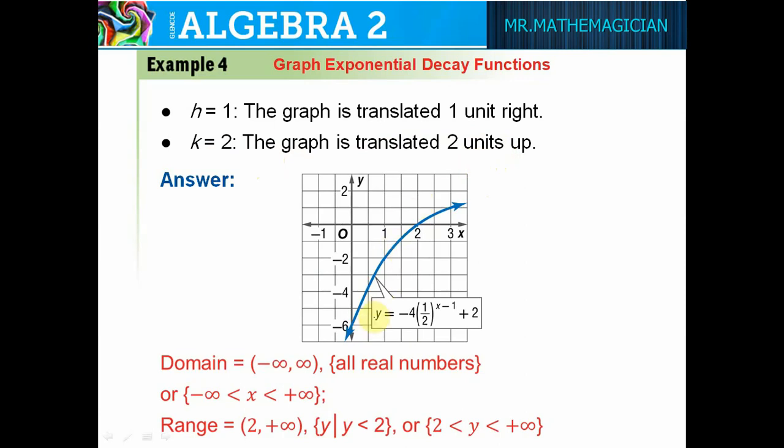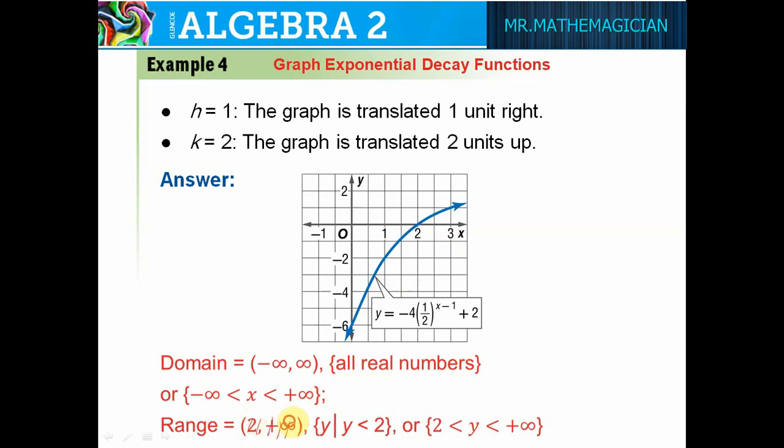Now you can use your calculator to graph. It's clear that it will be this shape. The domain in this case is from negative infinity to positive infinity, and the range is not really from 2 to positive infinity as mentioned here.